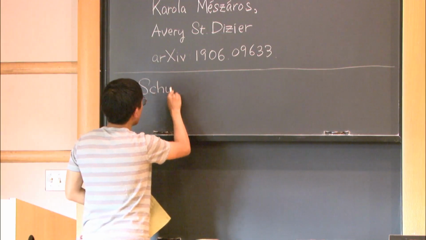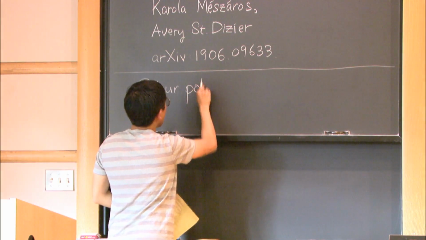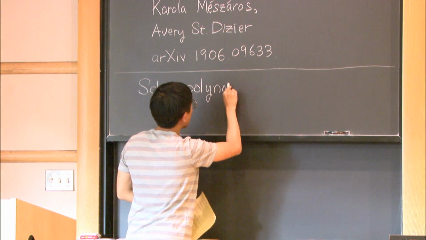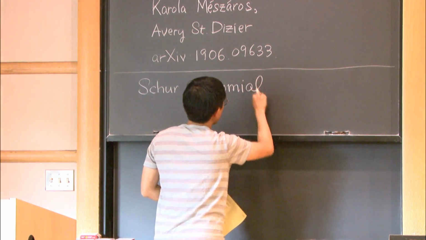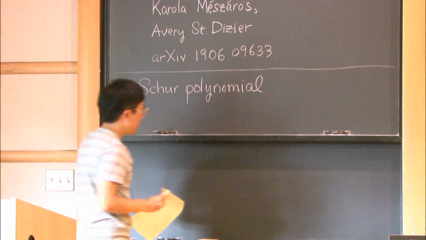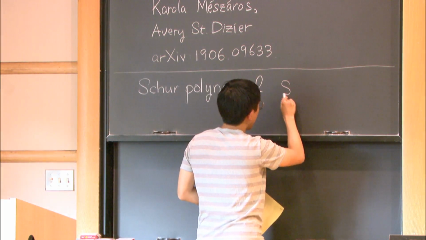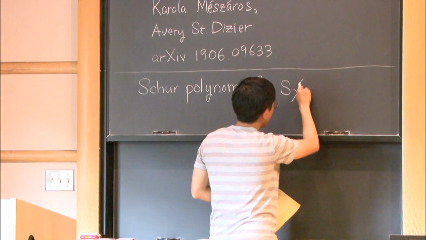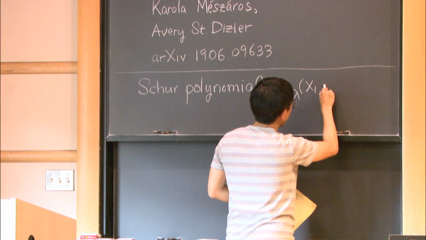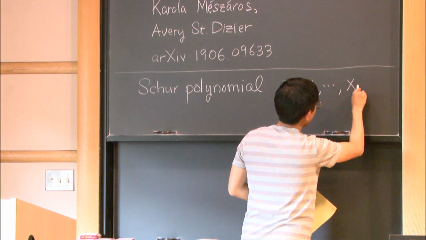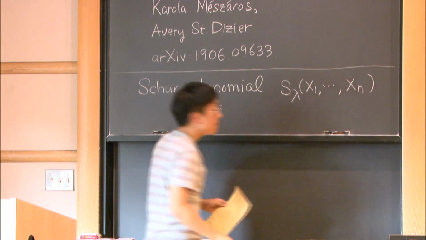So let me start from the very beginning and tell you a little bit about Schur polynomials. These look like this. There's S, with subscript lambda, and it has a certain number of variables. Let's say it has n of them.